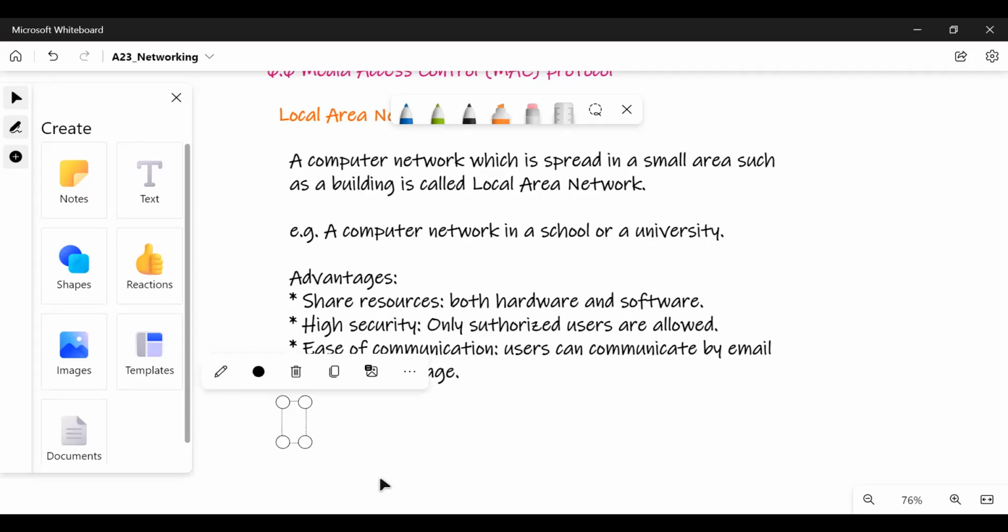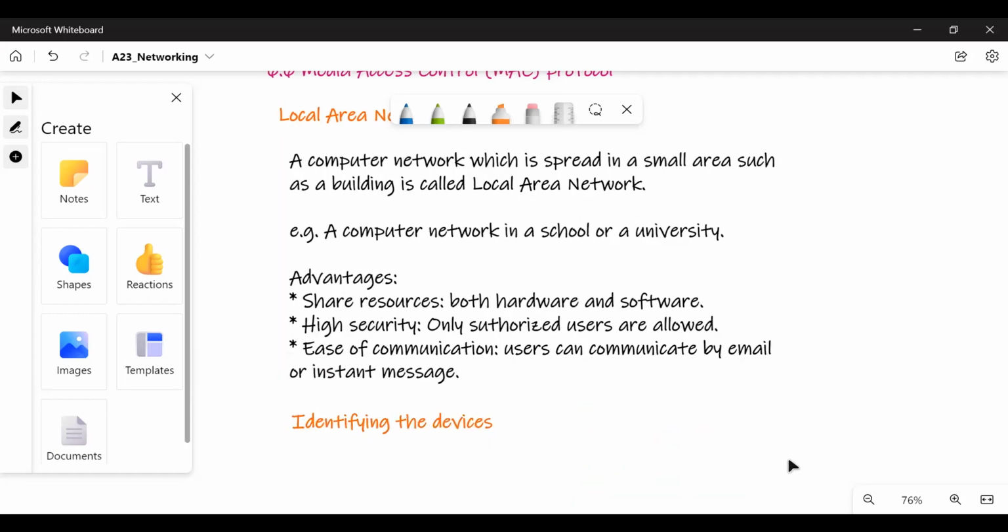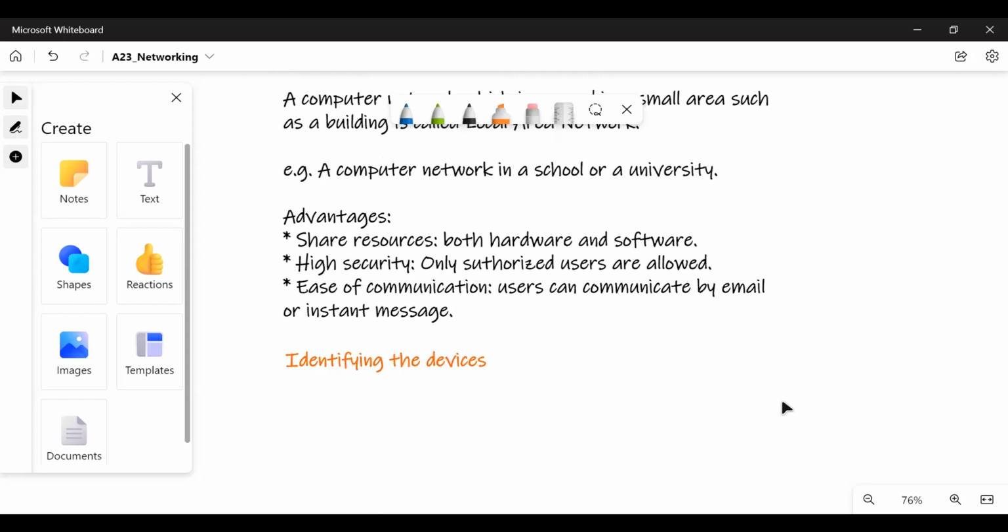The next point we are going to discuss is identifying the devices. When you say identifying the devices, it means how you identify, for example, computers in a network, right?